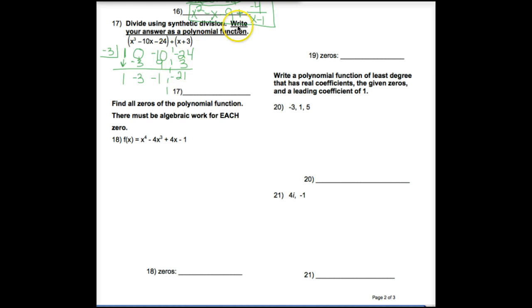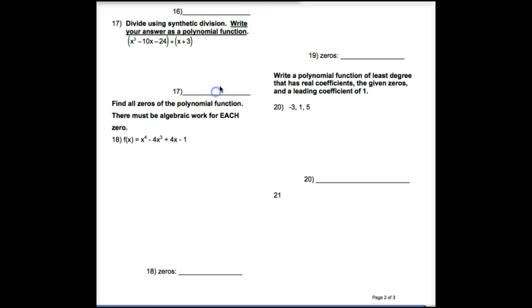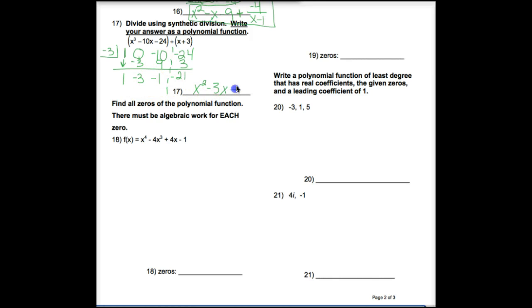Do not forget the part that is underlined. This is your work. The answer is when you write it as a polynomial. X squared, because it's 1x squared, minus 3x, minus 1, and the last one is your remainder, plus negative 21 over what I was dividing by, which was x plus 3.